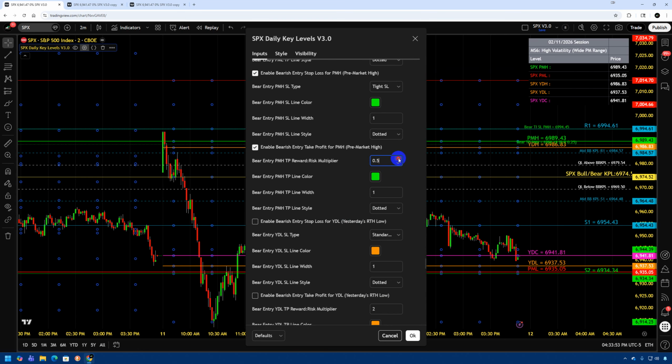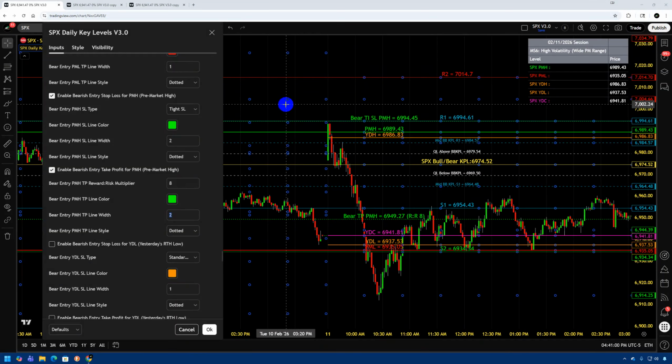These are in 0.25 increments. 0.75 would be three quarters. 1 would be equidistant to the amount of the stop loss. Then 1.25, 1.5, 1.75, 2, and it goes up in 0.5 increments all the way up to 10. So let's just put it on the max of 10 here. Okay, as you can see here, I've done a few display changes to make this easier to see.